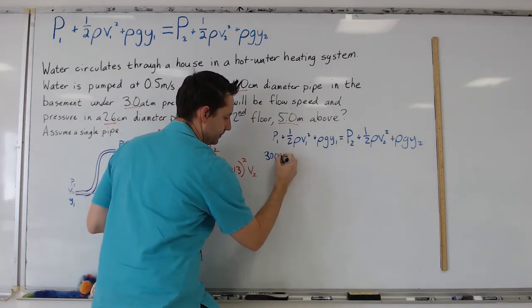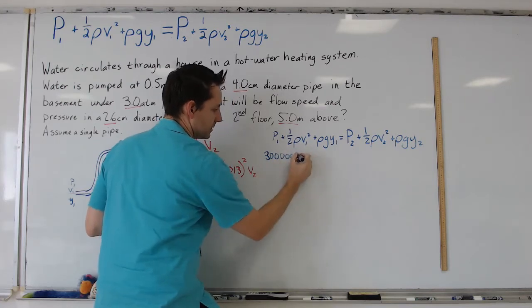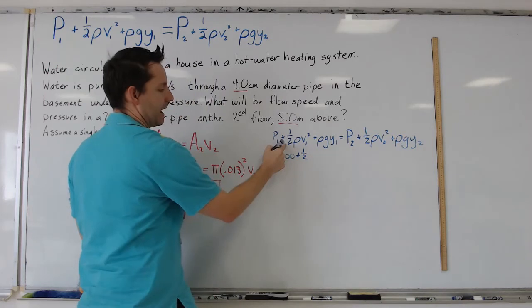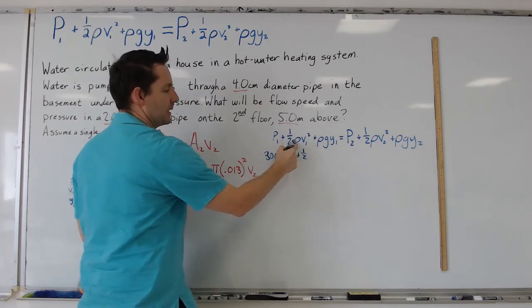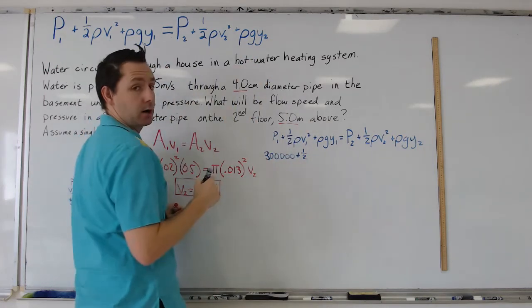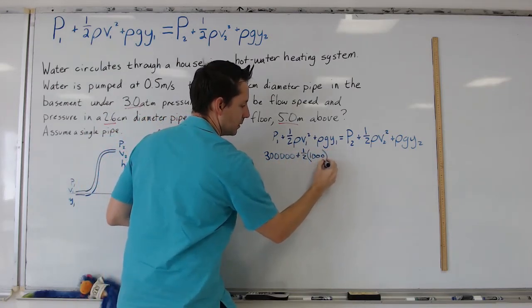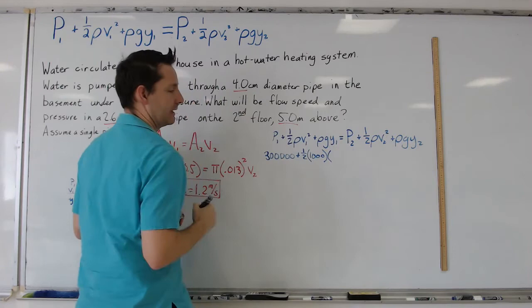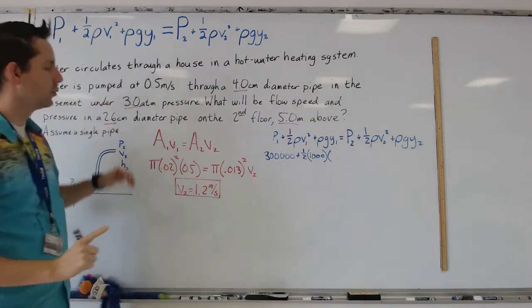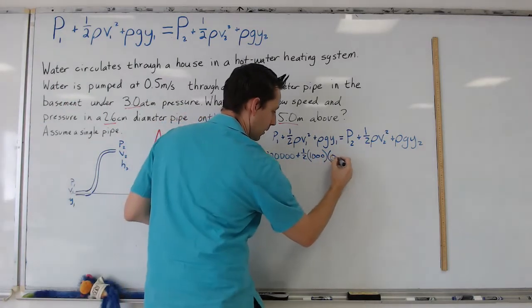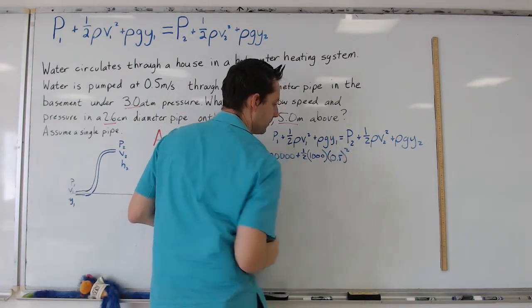300,000 pascals plus 1/2 times the density. Now the density is water, and remember water we assume is 1,000. And then times our initial velocity, velocity 1, which is what we were given at the beginning, that 0.5 squared.